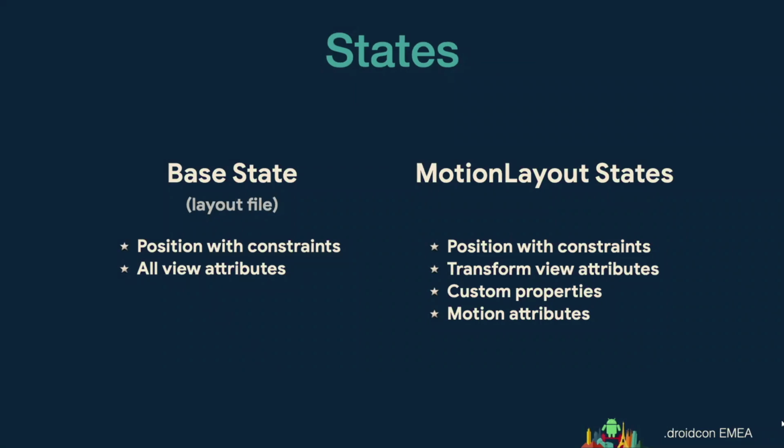So you can say the layout file contains the base state. In motion layout, the states will position the constraints. They will affect the transforms, such as whether it's scaled or rotated. You can add custom properties, and there are some properties associated with motion you can add.